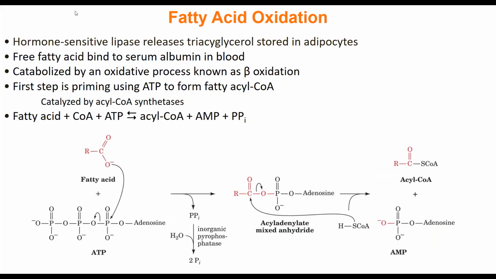What we're going to be talking about today is the biochemical way we break down fatty acids, which is called oxidation or beta oxidation. If you need energy, one of the ways to get energy is through fatty acids. That's your main energy storage, actually.